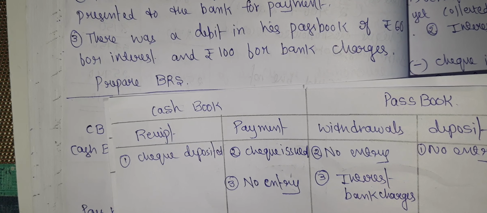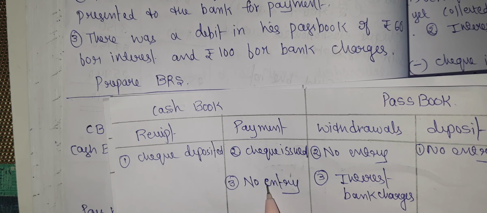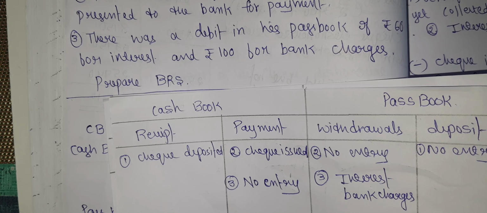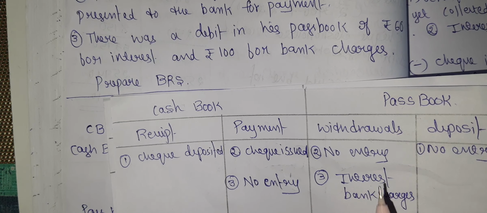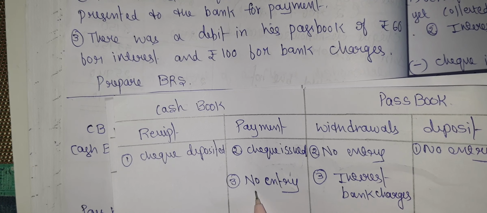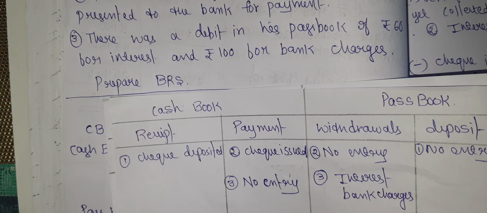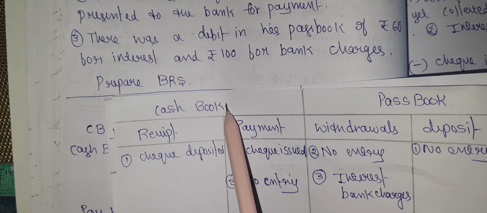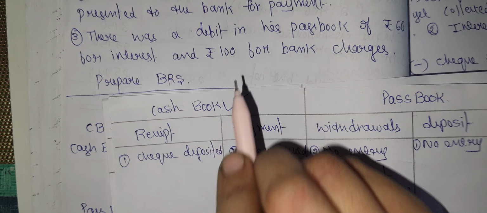Second step is the comparison of cash book and passbook. Here there is no entry in the cash book, so there is no change in the balance of the cash book compared to the passbook, which means the passbook balance is less than the cash book. Third step is to check the effect on cash book only.